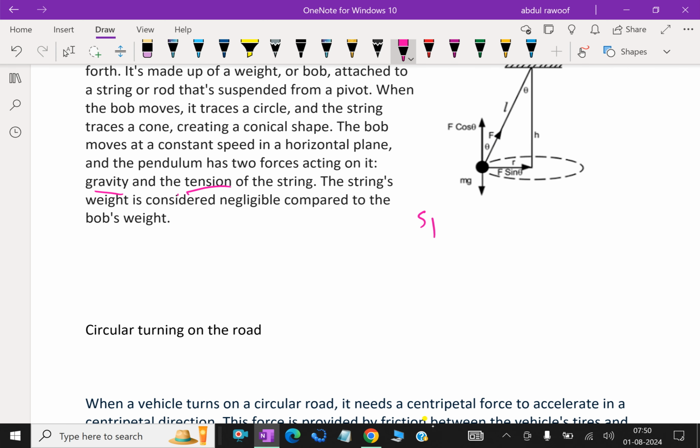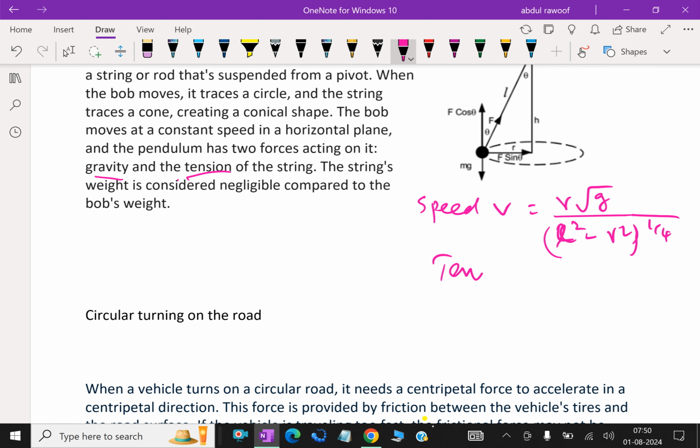Speed v equals r into root g over (L squared minus r squared) whole to the power 1 by 4, and tension T equals mgL over (L squared minus r squared) to the power half.